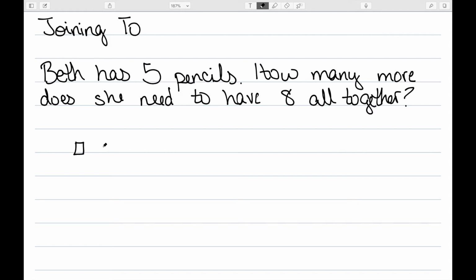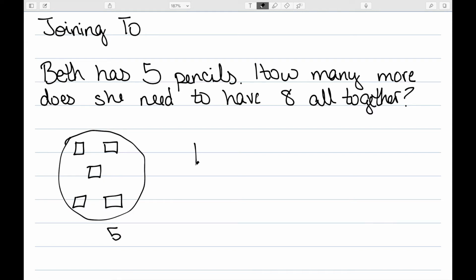Here, the student might go ahead and get 5 objects to represent the 5 she had originally, and then continue adding objects, counting up. So we know there are 5 here. We would add another one. That would be 6. Another one makes 7. Another one makes 8, and then we count 1, 2, 3 that we have added, so 3 more pencils.